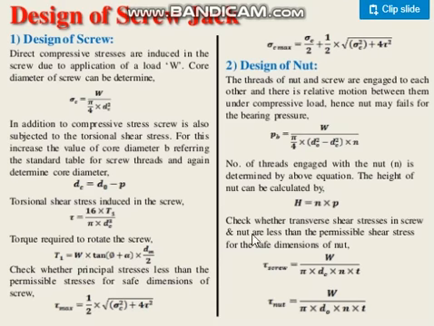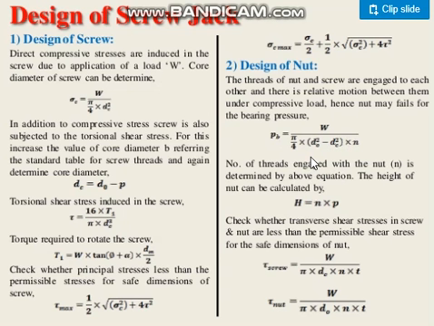Okay, and once you do that, you are designing on the basis of bearing pressure. Actually, if the load is more, what can happen is all the threads in the nut may fail and shear off at their root.